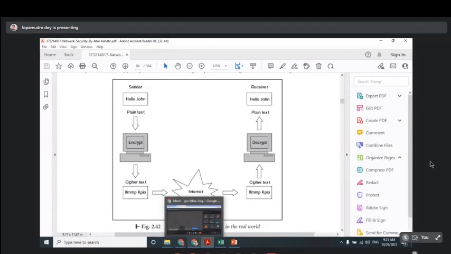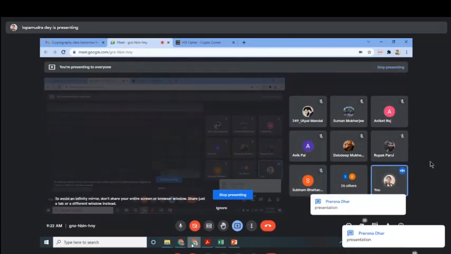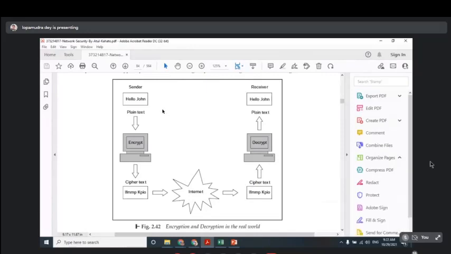The presentation layer, yes. So the presentation layer is where these encryption and decryption operations are performed.